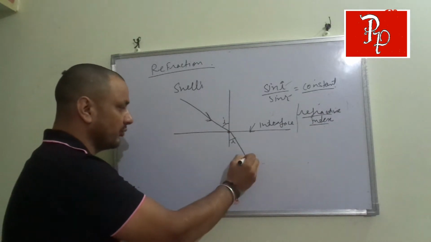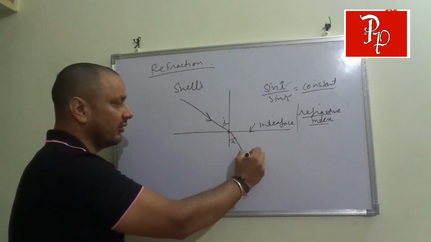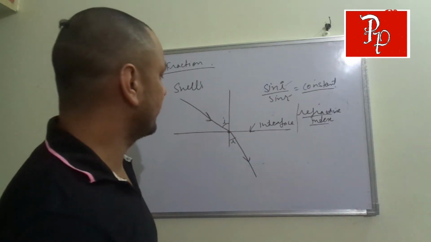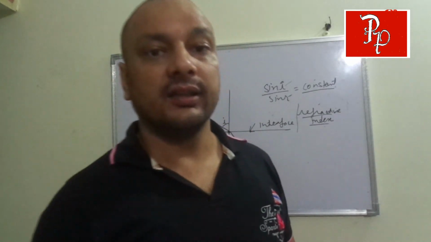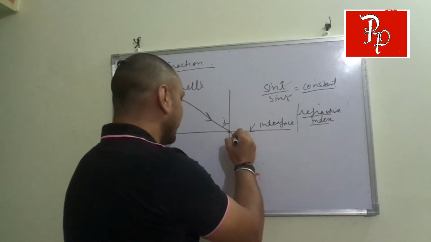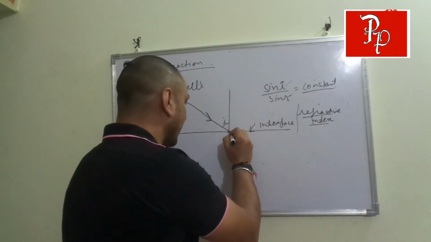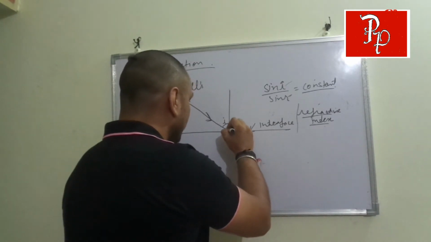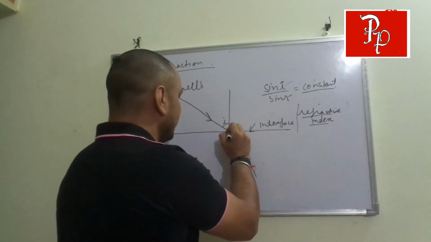This deviation towards the normal, when a ray of light deviates towards the normal, that shows that the angle of refraction, that is R, is smaller.